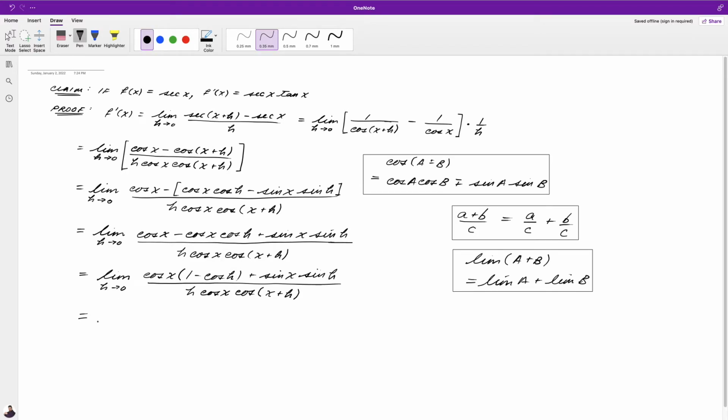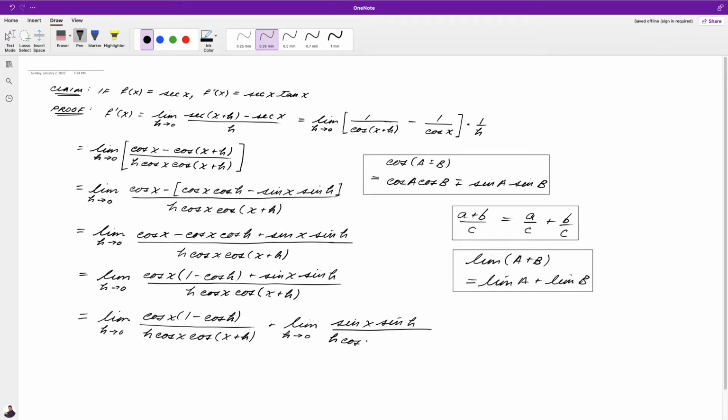We're going to have the limit as h trends to 0 of cosine x times the quantity 1 minus cosine h over h cosine x times cosine of the quantity x plus h, plus the limit as h trends to 0 of sine x sine h over h cosine x cosine of the quantity x plus h.